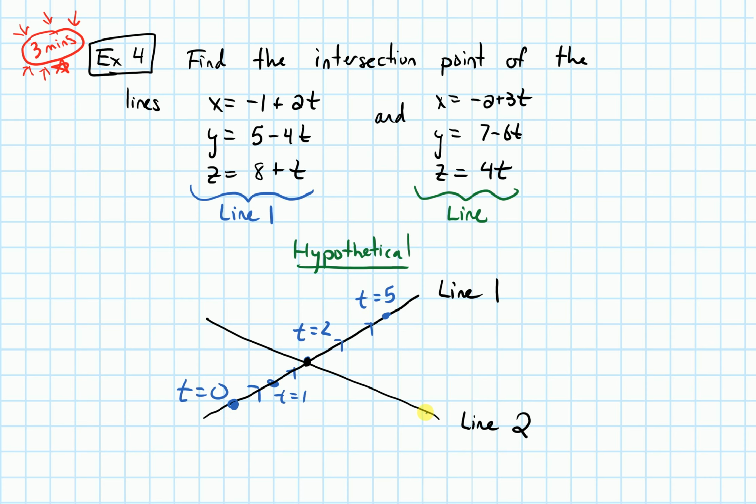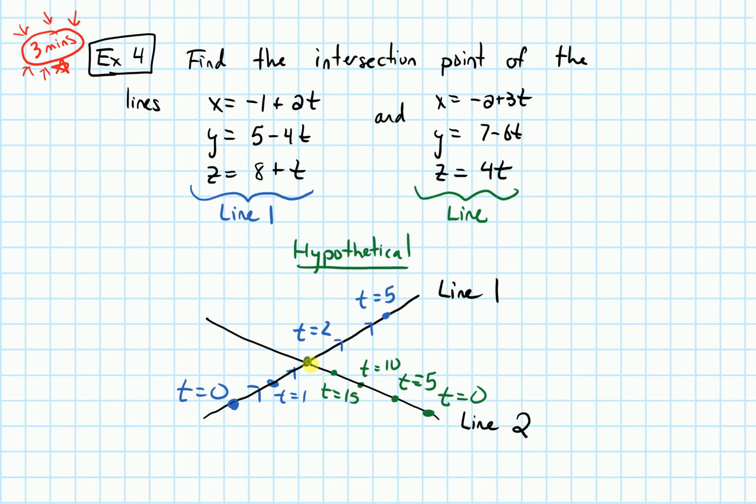So the particle that's on line 2, maybe it's over here when t equals 0. But the particle at line 2 doesn't necessarily travel at the same speed as the one along line 1. So maybe to get to this point, it takes 5 seconds or 5 units of time. And it's here by t equals 10. And it's here by t equals 15.